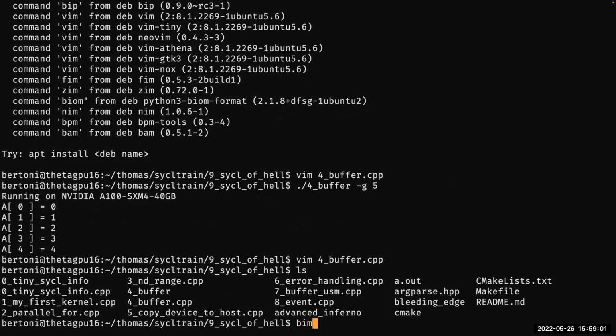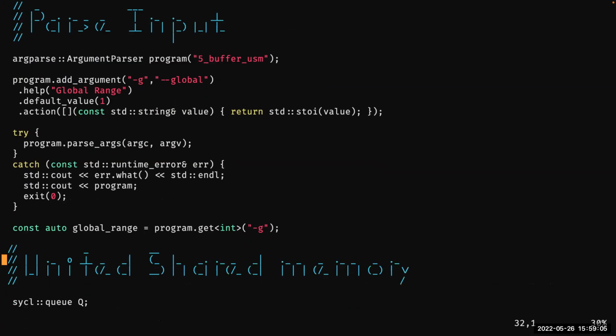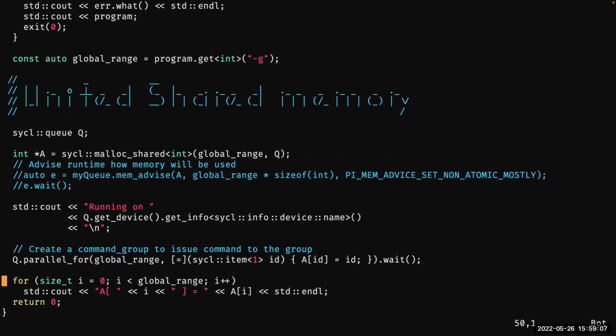And I have the same example with buffer USM. Buffer USM is a stupid name. I should have just called it USM because we don't use any buffer. And you see here, the code is maybe shorter because we create with malloc shared. Malloc shared is blocking, so you don't need to wait.